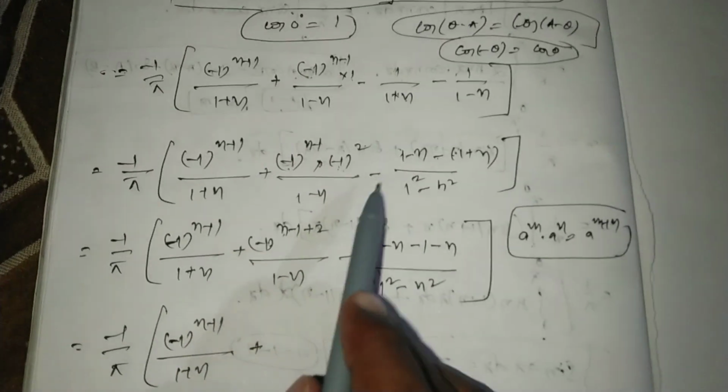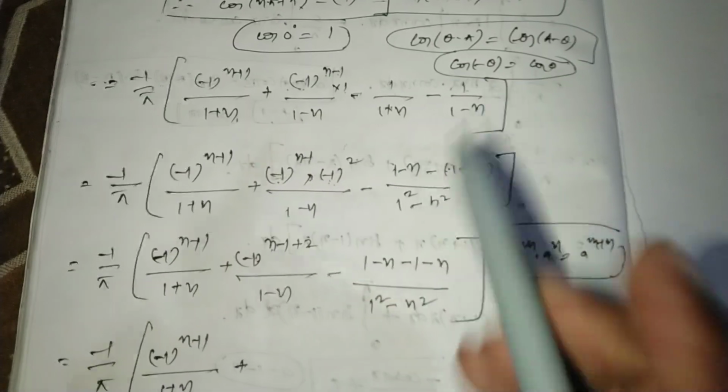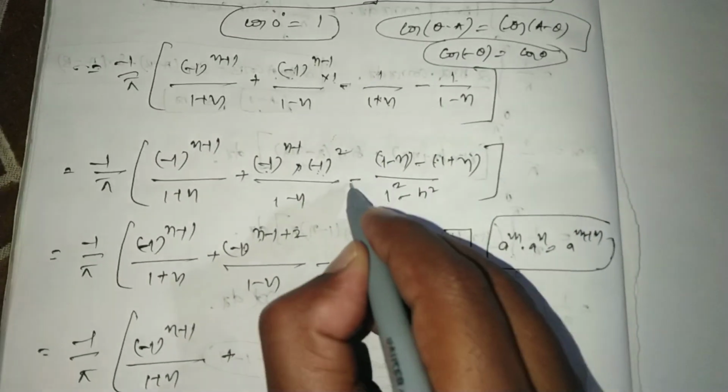So next, here I forgot to tell you one thing, this has a negative, this one also negative, so this total is multiplied by negative.